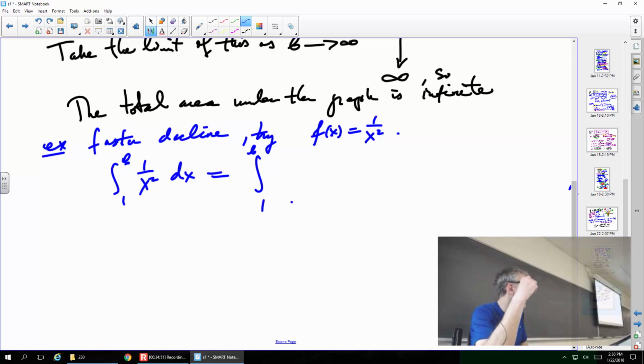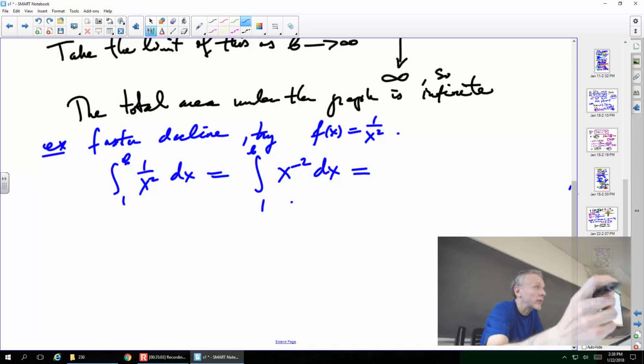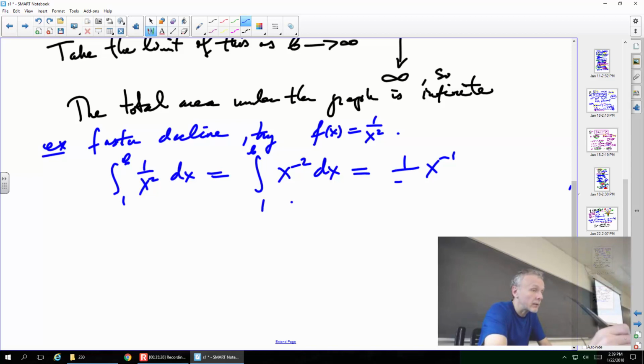How can I rewrite it? 1 over x squared is x to the negative 2, which makes it a power function, and we have a power formula. For the integral, the power goes up. So the power will be x to the negative 1, over negative 1, once again. You can check it by differentiating negative x to the negative 1.